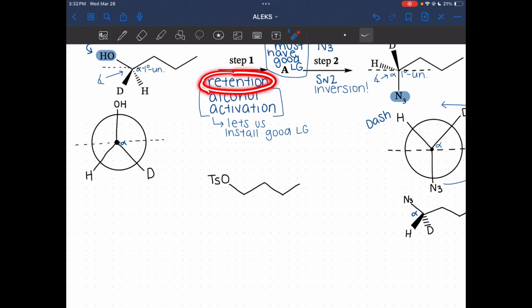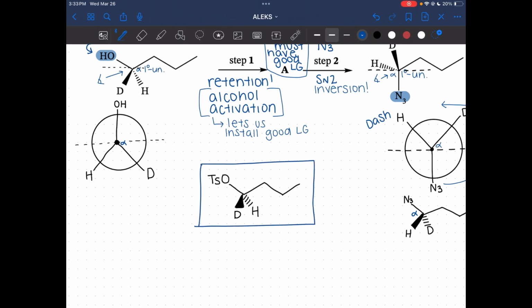Well, if we have to do retention and TsCl is one of our retention reagents for alcohol activation, this is going to stay exactly the same here. Our deuterium is still wedged, and our H is still dashed. So your intermediate A would look exactly like this.